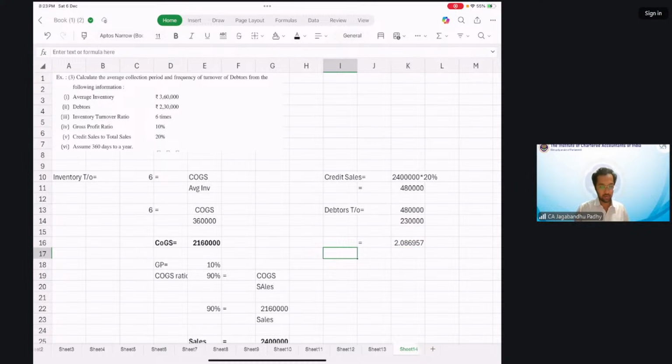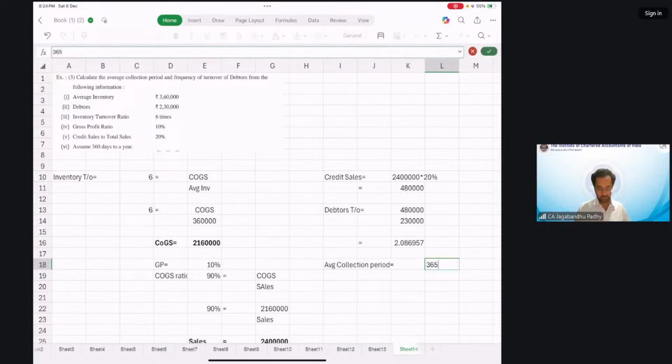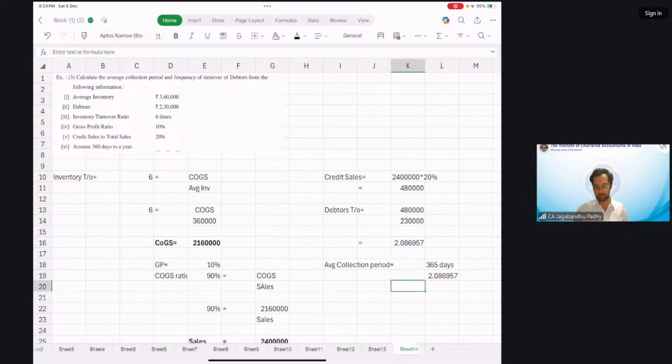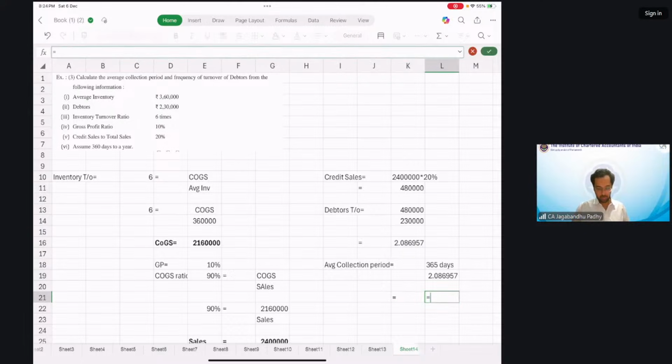And then we have the average collection period. So average collection period is 365 days divided by this debtors turnover. So 365 divided by 2.08, this is going to be 175 days.